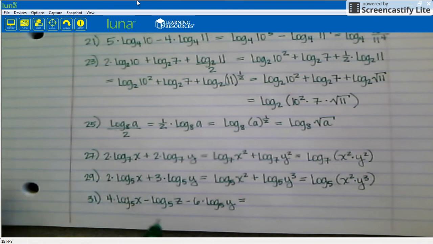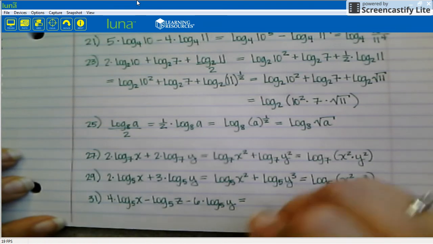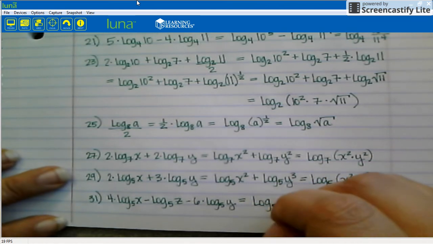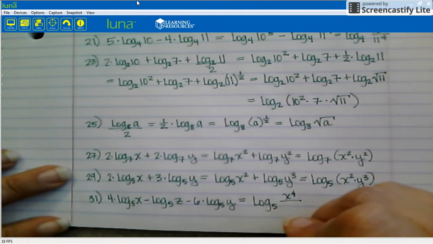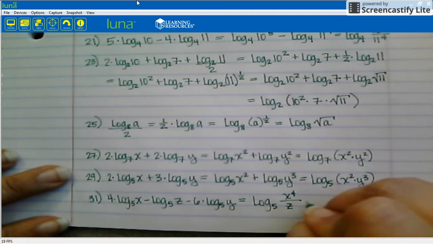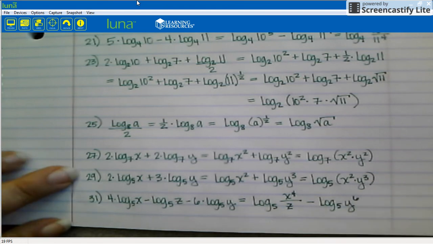If I start by dividing these two by making this x to the 4th, then I'm going to have log base 5 of x to the 4th divided by z minus log base 5 of y to the 6th.